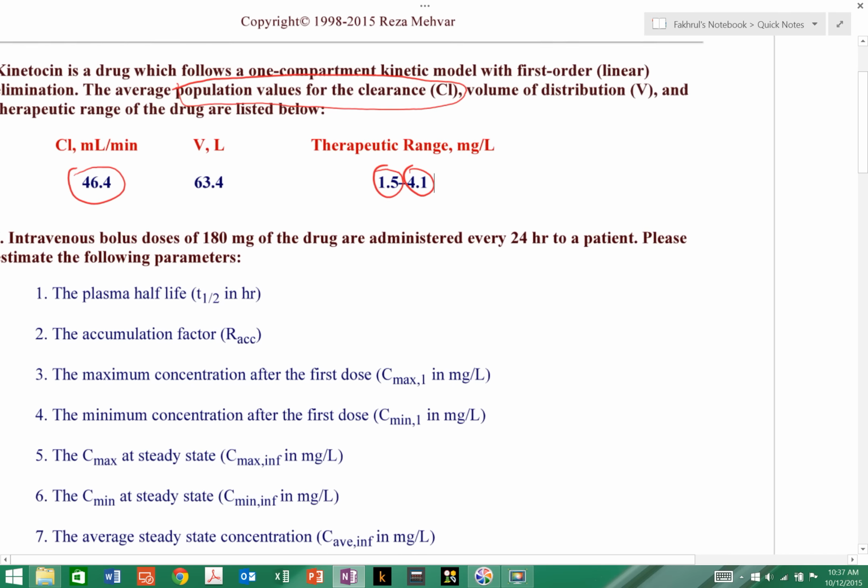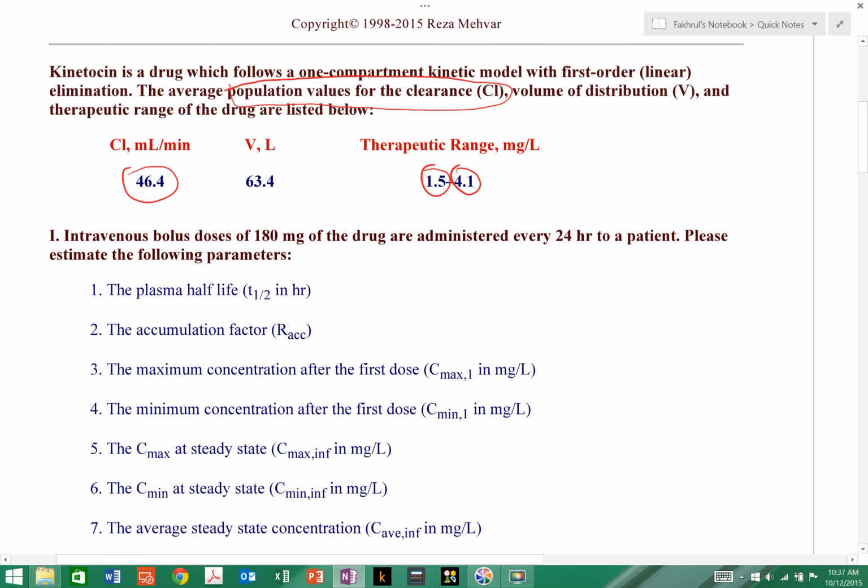So now my problem is asking to calculate a number of parameters. One of the first is plasma half-life. To calculate plasma half-life, we need K, and to calculate K we have to use K is equal to CL by V, and we have CL in milliliter per minute and V is in liter.